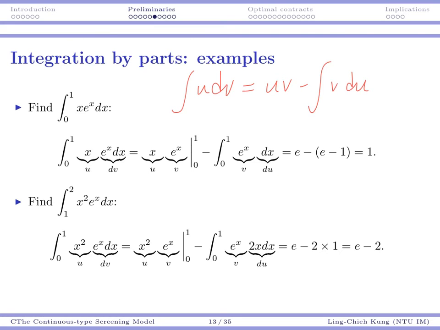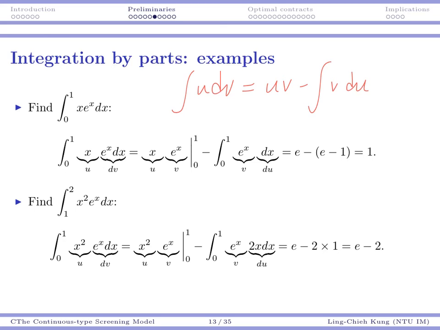So here, of course, u is x, nothing difficult. And if u is x, then when you take a first order derivative of that, that's going to be just 1. Okay, so you're going to have du equals dx. Also, if your dv is this guy, then you need to be able to find v. Okay, and you know v would be e to the power of x, because the derivative of e to the power of x would just be e to the power of x.